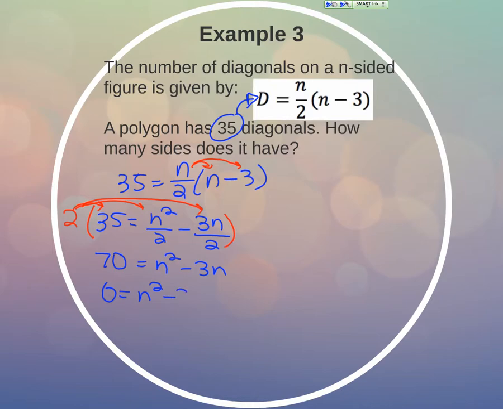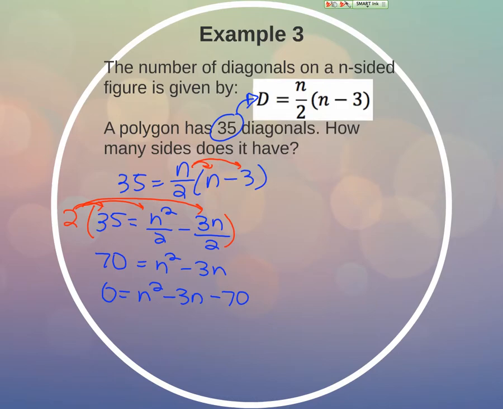So I have n squared minus 3n minus 70. Now it's up to you if you want to complete the square, factor it, or use quadratic formula. It's your call. I think this one might be nice to factor.